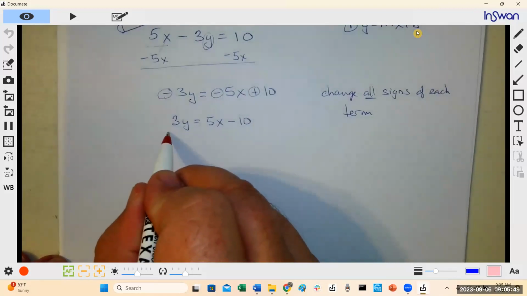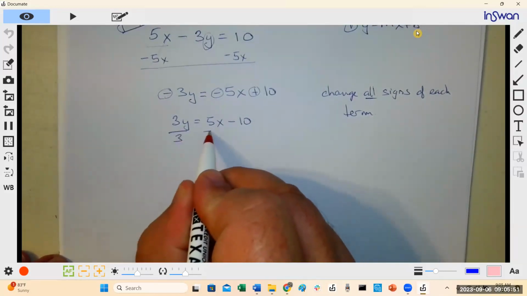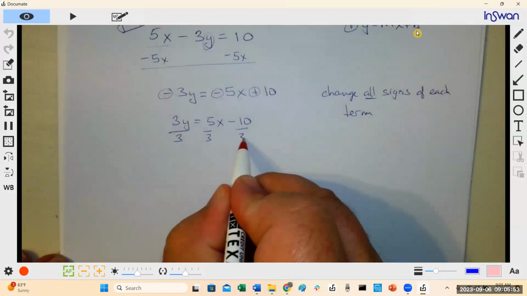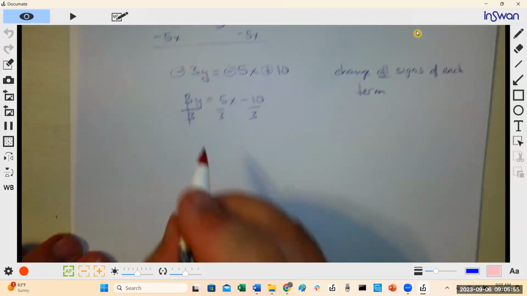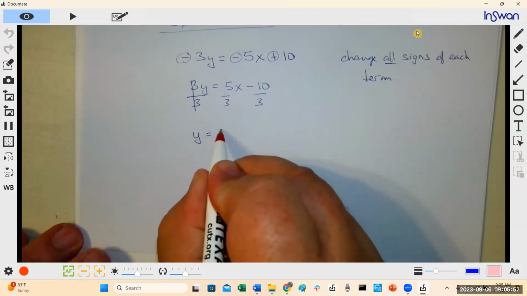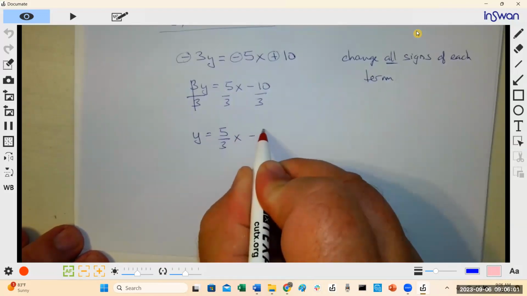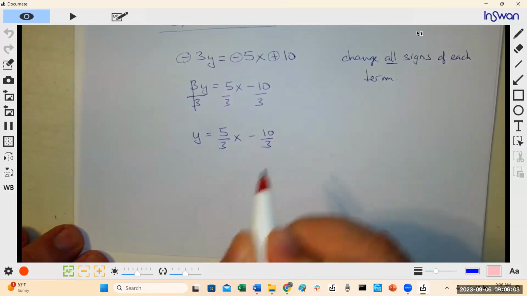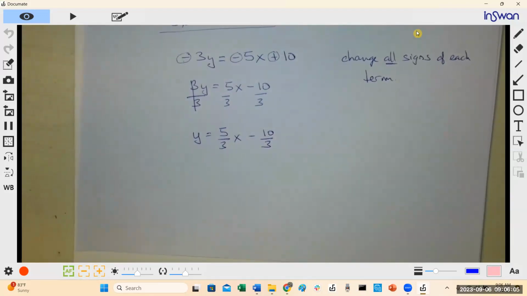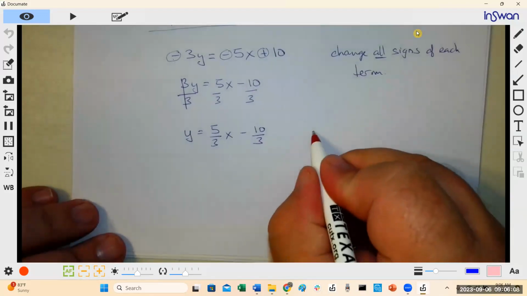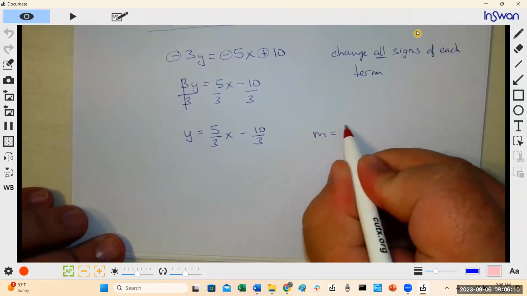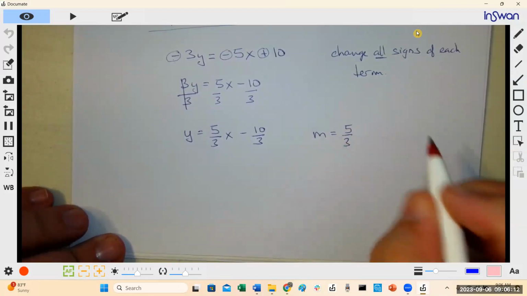And then we have to get rid of the 3. So the m, our slope, is 5 over 3. It's positive.